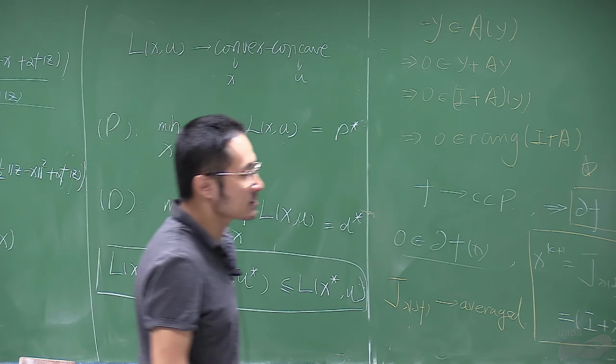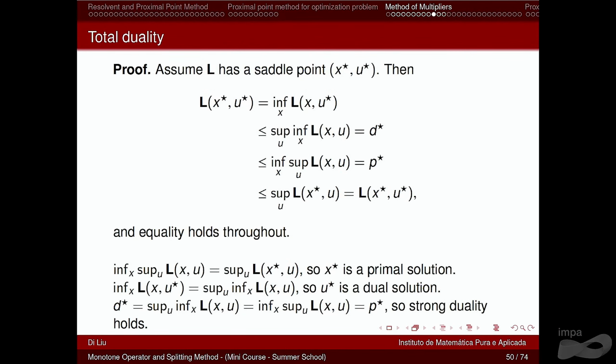So first, we see that if we fix the u star here, the L(x star, u star) is just the inf in x of this function, because of this inequality.